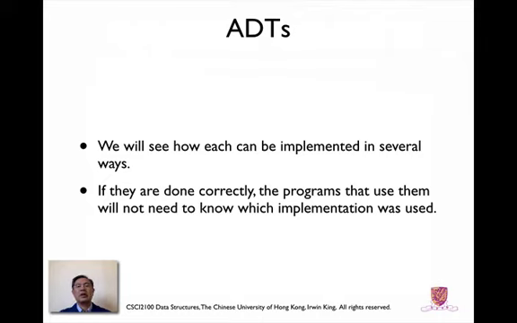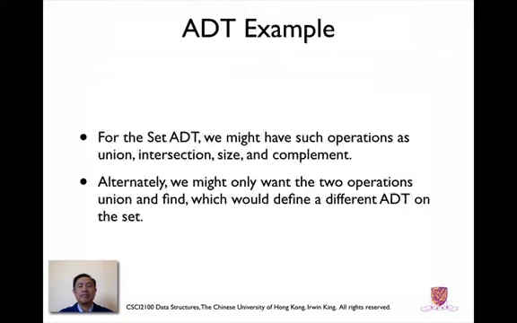So in the next few videos, we're going to see how abstract data types are manifested in list, in stack, and in queue. And if they're done correctly, programs that use them will not need to know how each implementation was done.